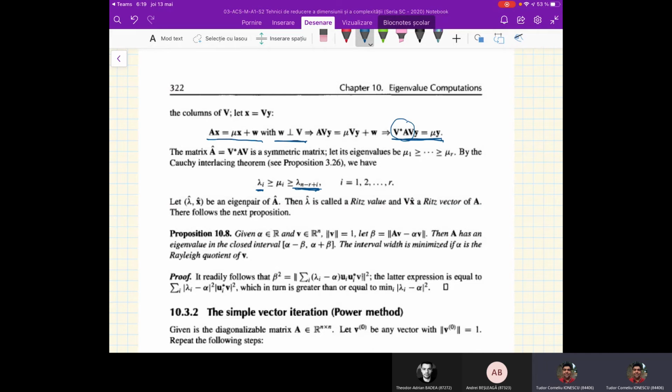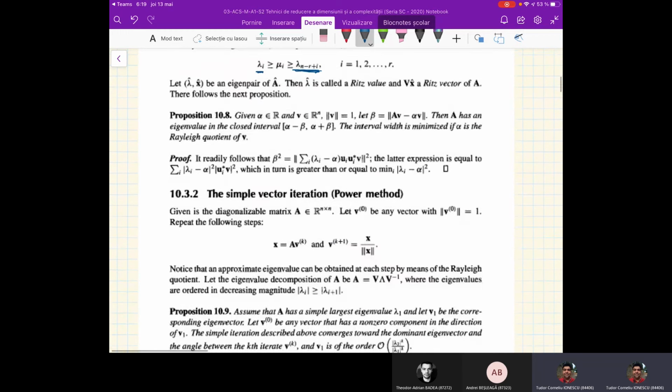If lambda hat, x hat is an eigenpair of A hat, which is V star AV, then lambda hat is called the Ritz value, and V x hat is a Ritz vector of the matrix A. So besides eigenvalues, we have these Ritz quantities that characterize an eigenvalue projected onto a subspace like this.